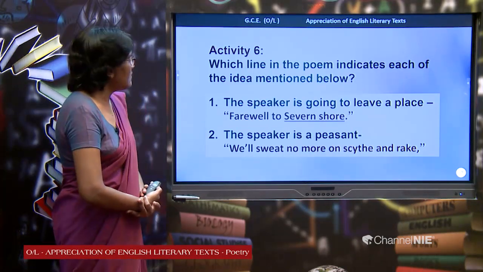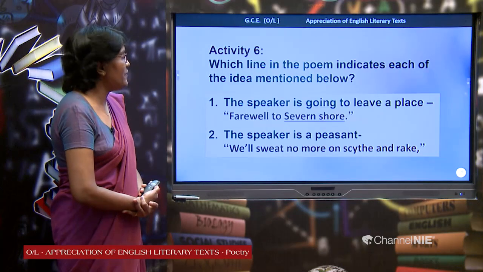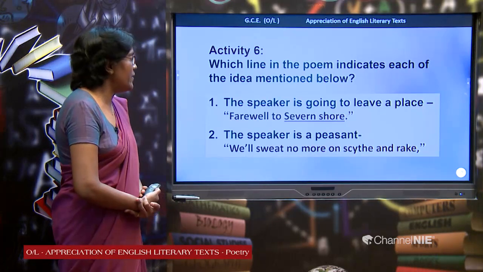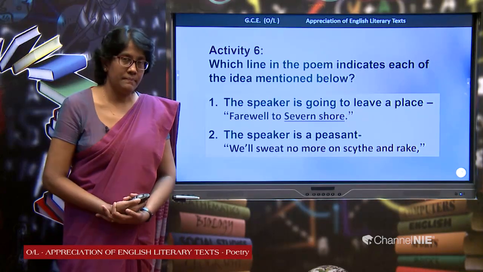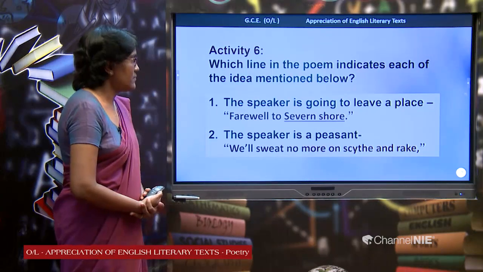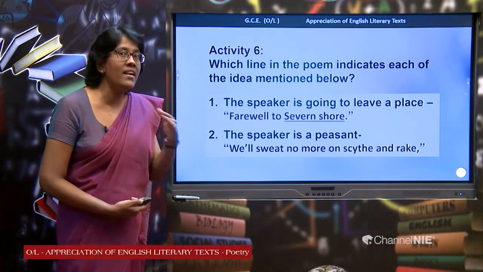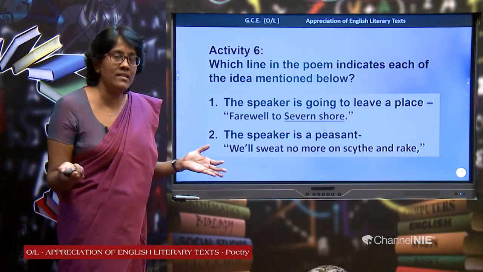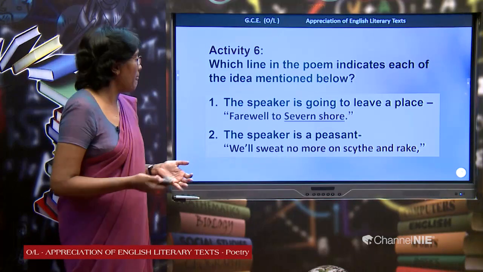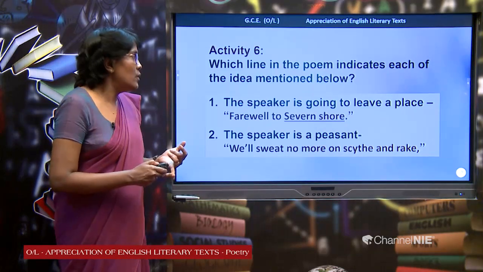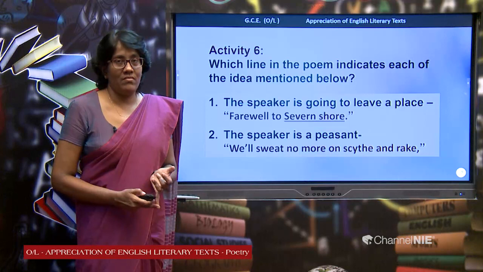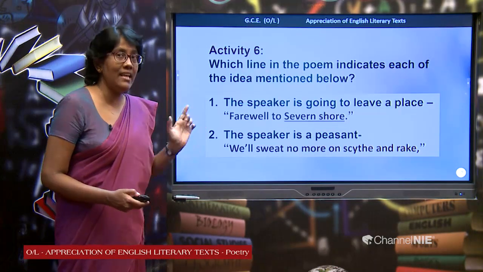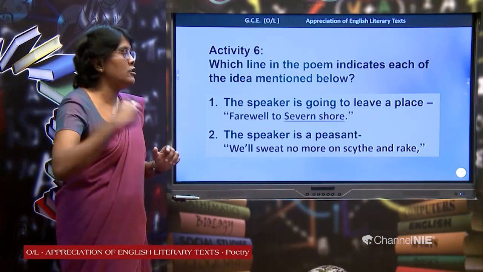Okay. The speaker is going to leave a place. This idea is in one line. I have written it here also for your benefit, for you to understand the poem easily. Farewell to Sevanshu. Now, remember, this is a tricky point when you look at the exam. The speaker is going to leave a place.